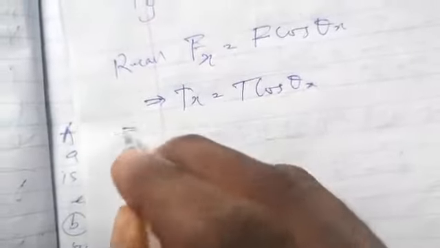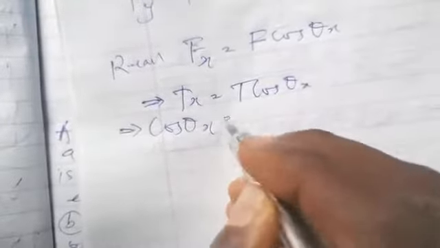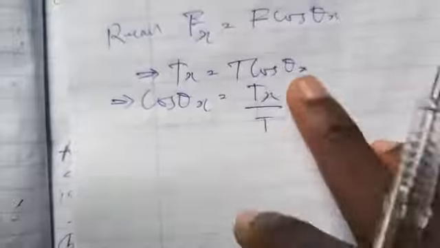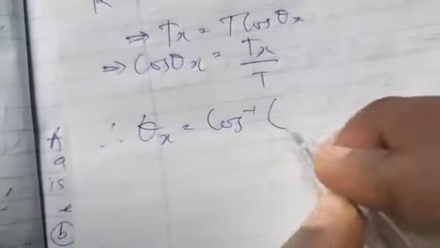That implies cos theta x is Tx divided by T, dividing both sides by T, and therefore theta x is cos inverse of Tx over T.